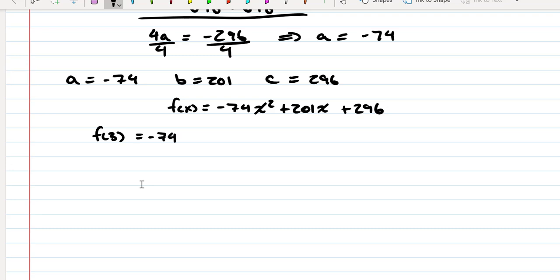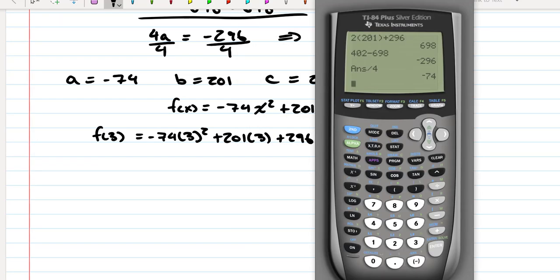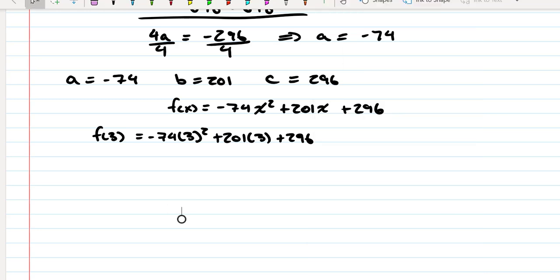Is negative 74 times 3 squared plus 201 times 3 plus 296. So negative 74 times 3 squared plus 201 times 3 plus 296 gives us 233.